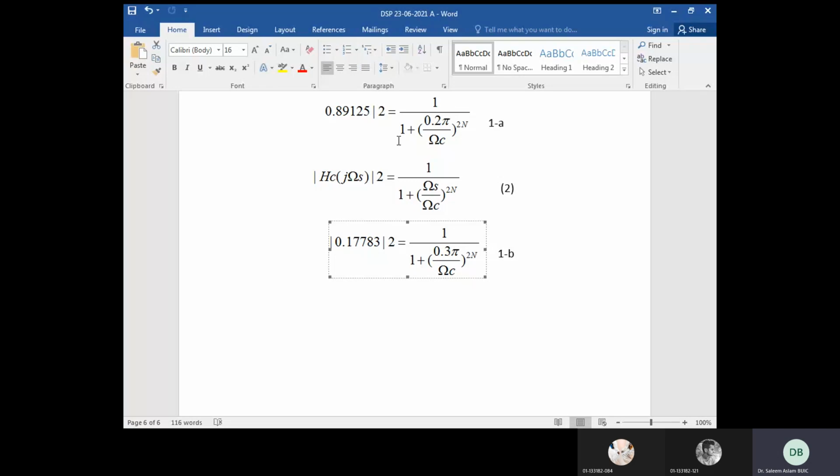So 1 over 0.89125. If you take the reciprocal and then take square, so इसका आपके पास क्या आ जाएगा?